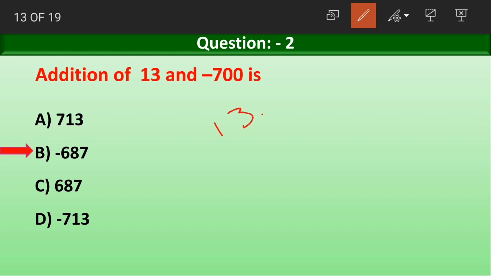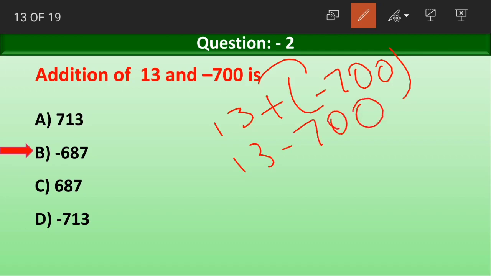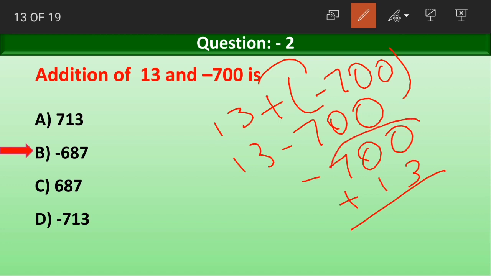How? 13 plus of minus 700, plus into minus becomes minus. So 13 minus 700. How do we do this? Minus 700 plus 13. If we subtract, what should we do? We should subtract the lower absolute value from the higher absolute value.